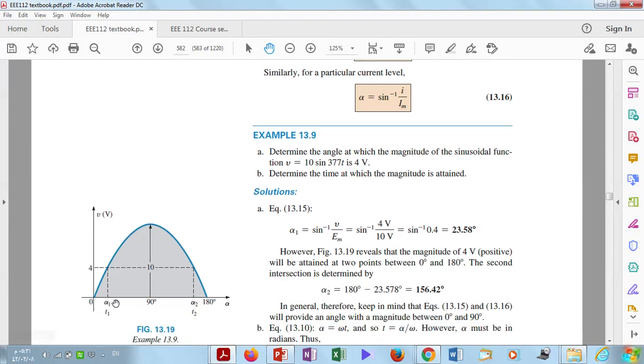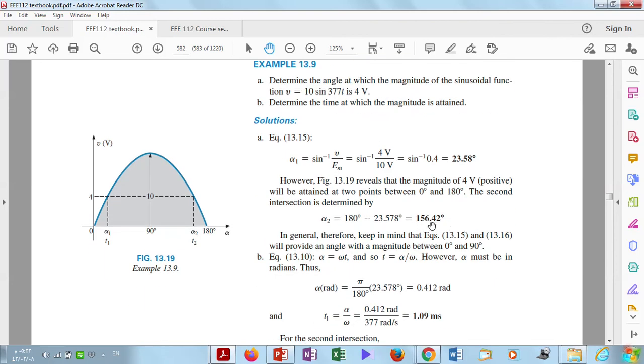Okay, 23 on this side. If you see the sine like this, the value for the intersection comes here and here, 2 times. This means this 23.58, and we can say 180 minus 23.58 and you will get another value of the answer. Alpha 2 equals 156.